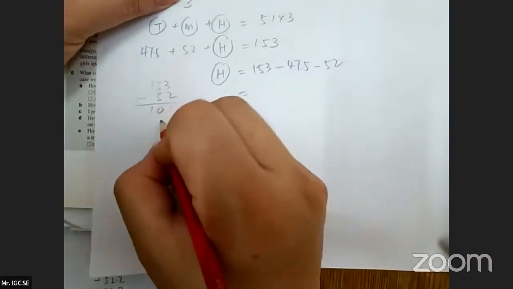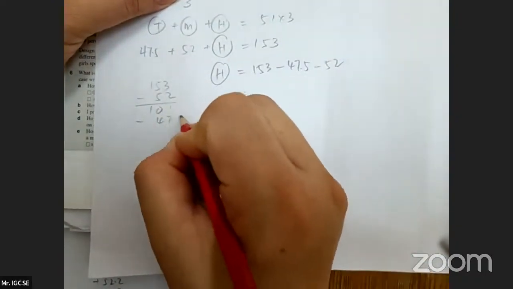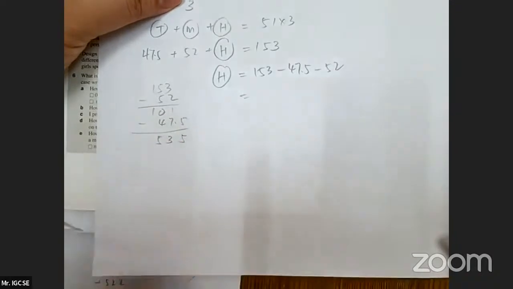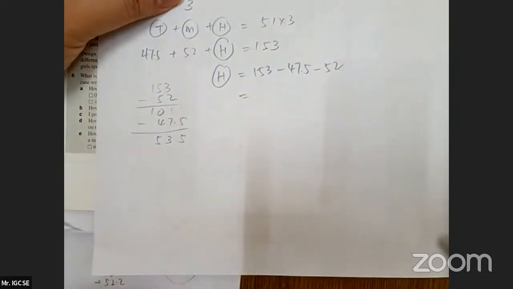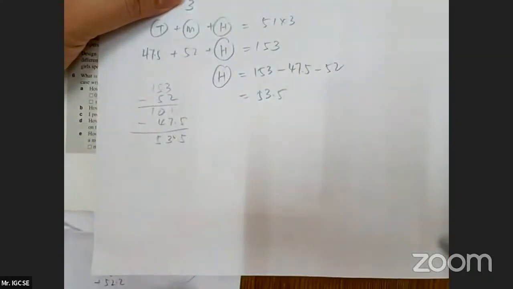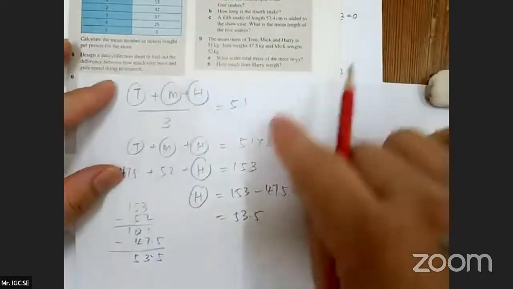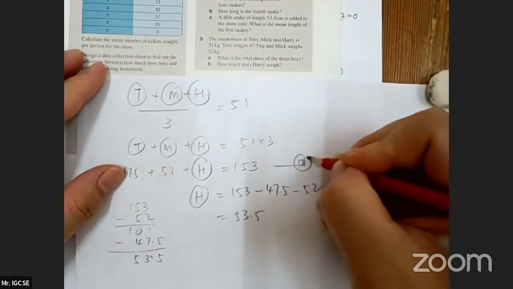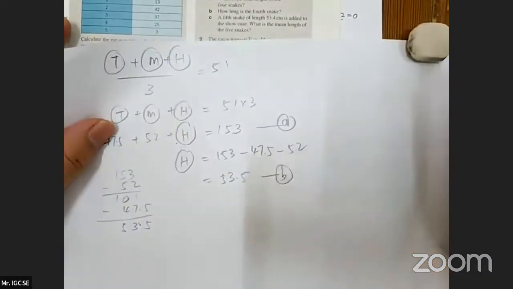And then you need to minus Tom also: 101 minus 47.5. So the answer is 53.5 for Harry. The total mass of these 3 boys is 153, this is part A. And Harry's weight is this one, this is for B.